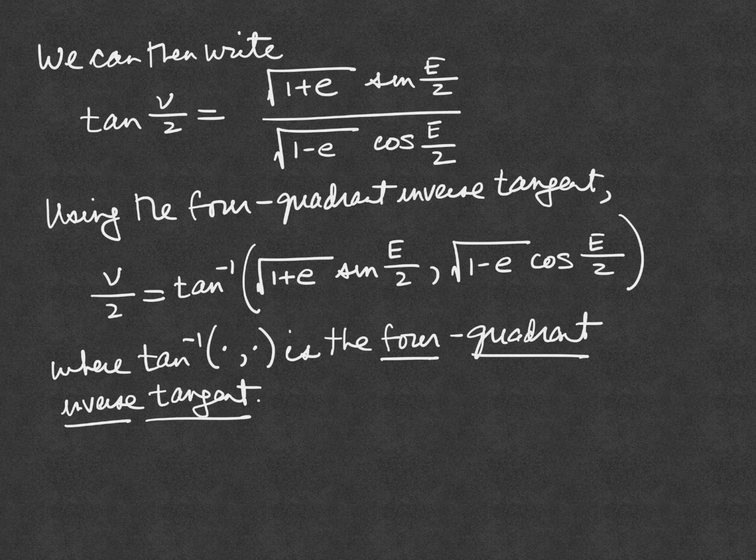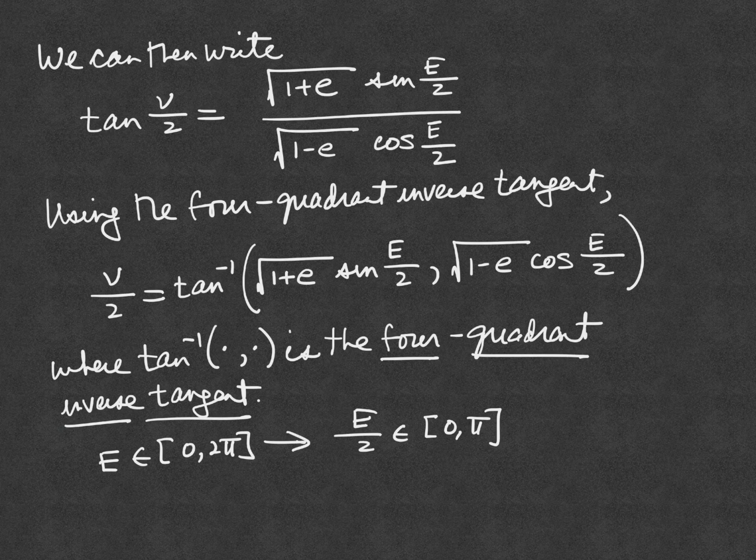Now, because it's the 4-quadrant inverse tangent, let's do a little analysis on this just to make sure that we got this correct, which is that you'll notice that E must be on 0 to 2 pi. So that implies that E over 2 is on 0 to pi. So that means that this half angle is in the first and second quadrants.